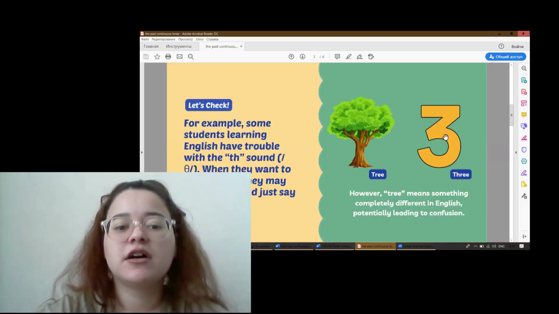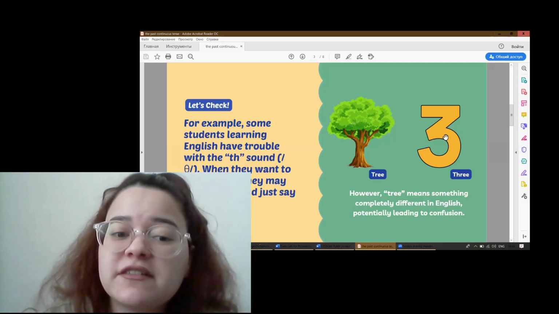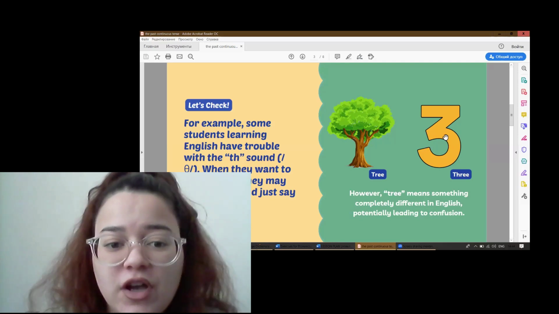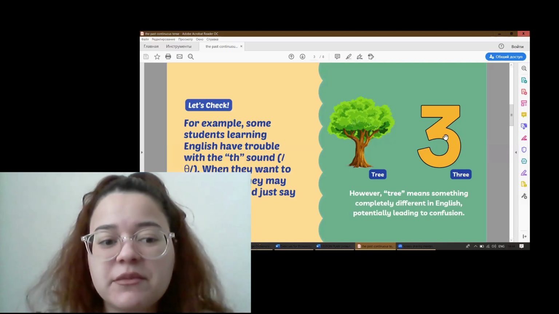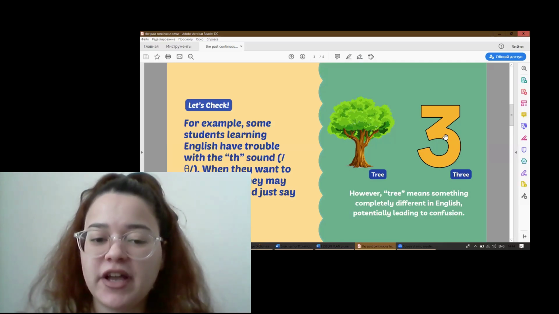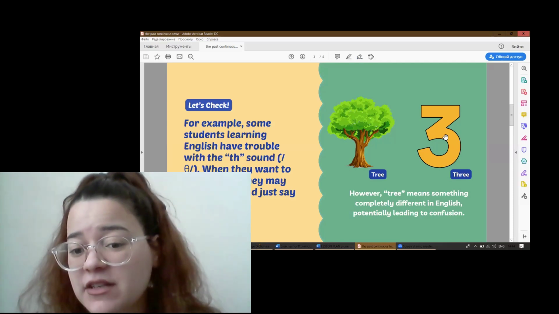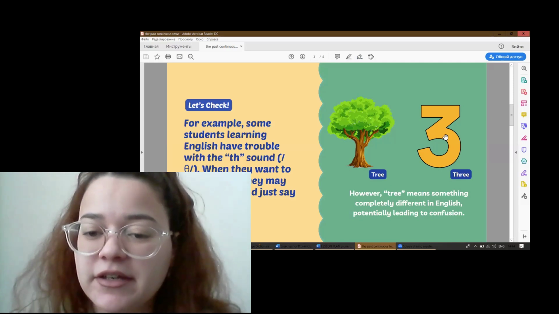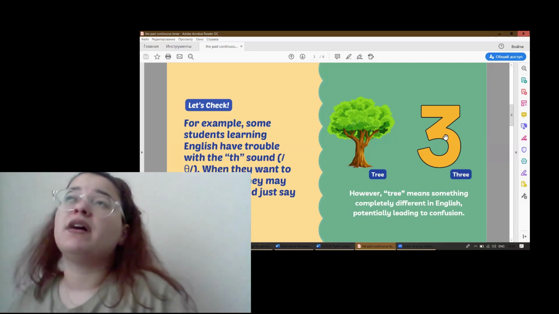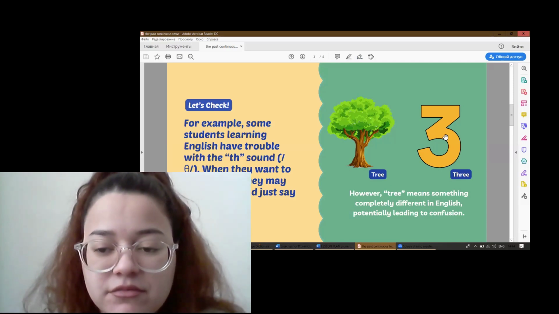For example, some students learning English have trouble with the TH sound. When they want to say three, they may drop the H and just say tree. However, tree means something completely different in English, potentially leading to confusion. Tree is a plant, and three is a number.